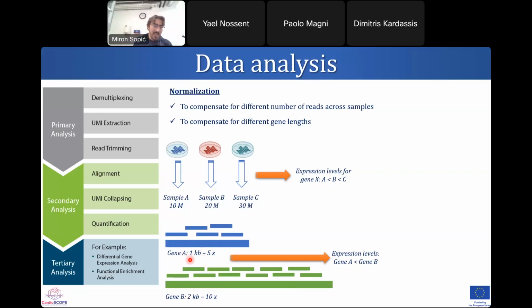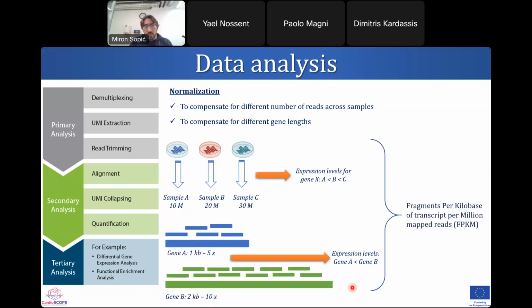So in this example, gene A is 1 kilobase and gene B is 2 kilobases long, and gene A is covered with a depth of 5 times and gene B with a depth of 10 times. If you just count the number of reads, you will say gene A is less expressed than gene B, but this is not the case. It is just that we have many more reads coming from gene B because it is longer.